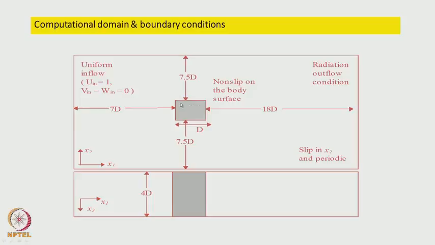Now, coming to the boundary condition on the surface of the geometry, for this problem the geometry is fixed, it is not moving, hence we specify no slip condition on the surface, on all the 4 surfaces as well as on the span wise.